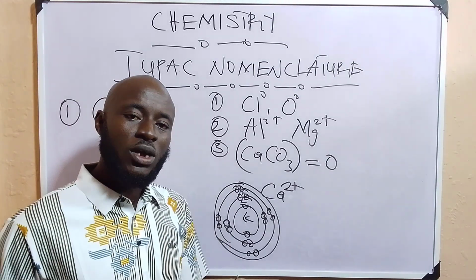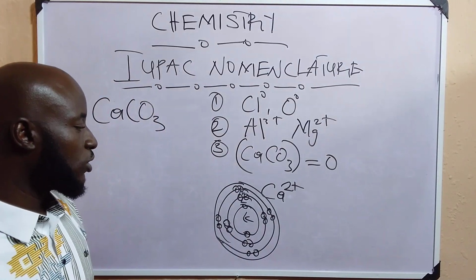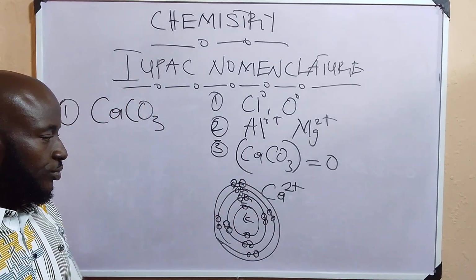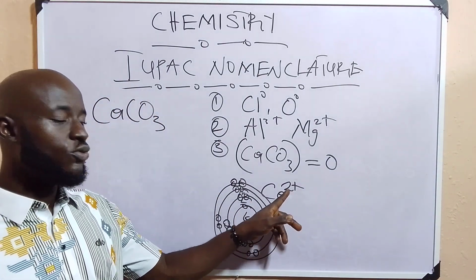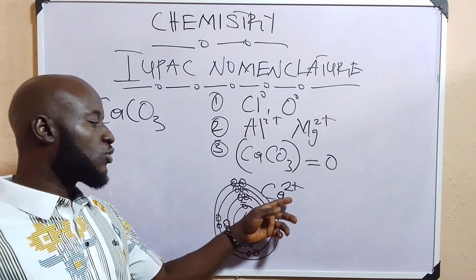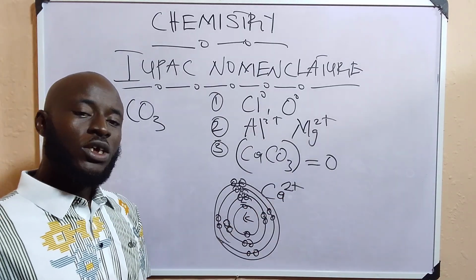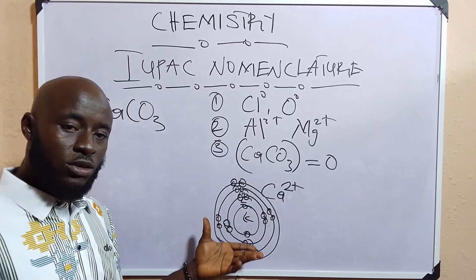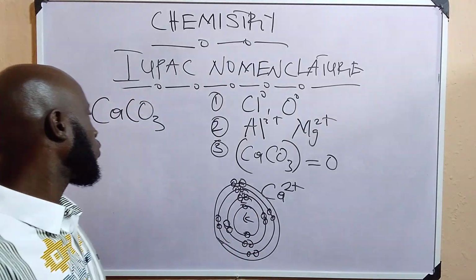So it's remaining 2 electrons to complete 20. That is why you see Ca2+. It means that calcium can easily lose 2 electrons in its outermost shell to maintain an octet structure.